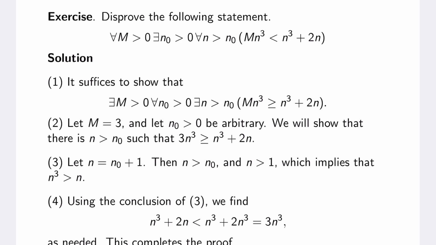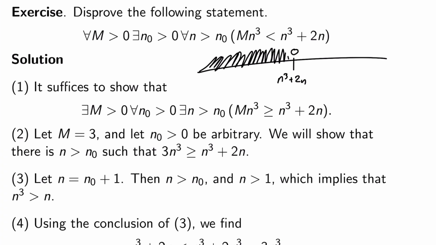Because before, mn cubed was less than that, so it was somewhere on the number line to the left of it, but we know that it wasn't exactly there.